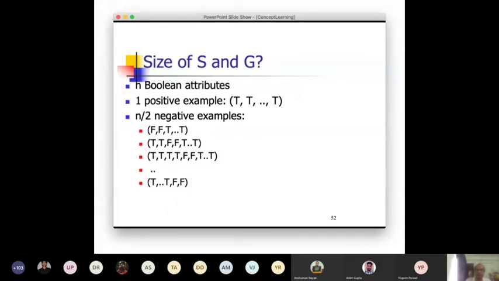So this is a positive example, all true values. And these are my negative examples. So what should be the size of the sets S and G?